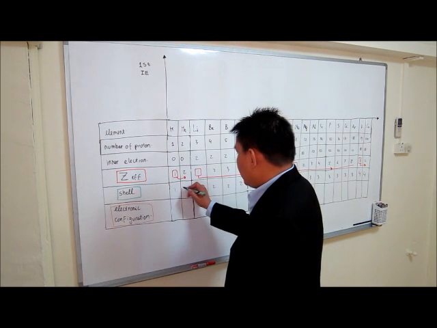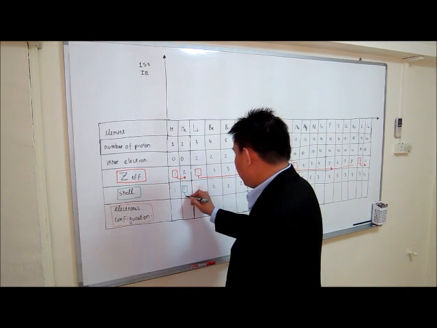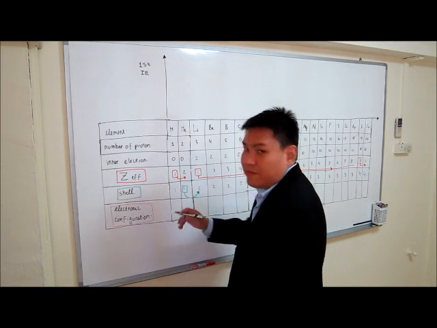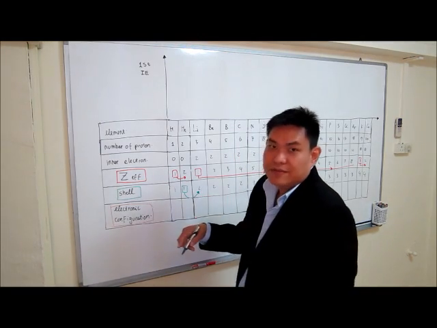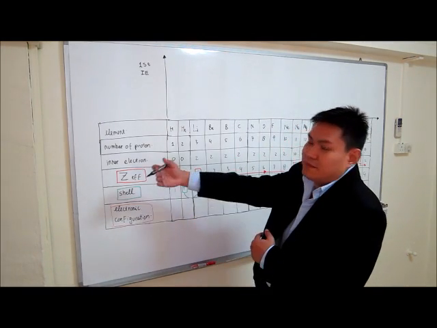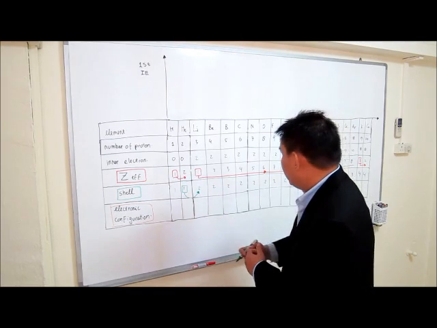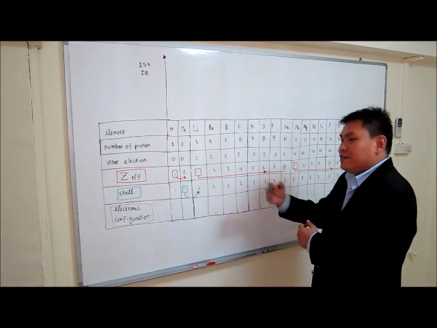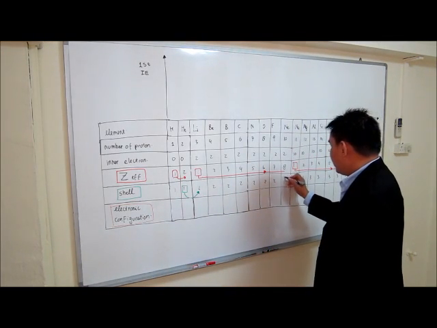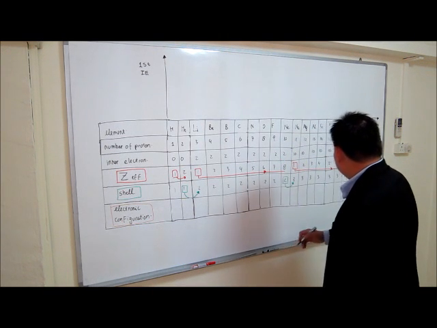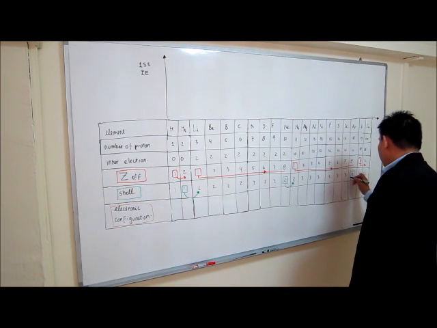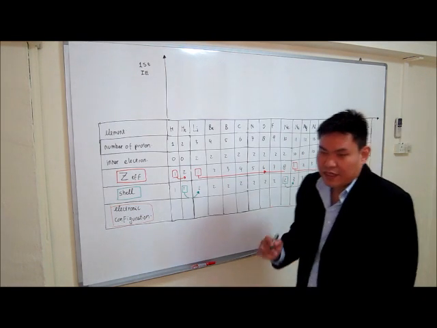So this green arrow represents a decrease, and the decrease is very significant because the change in position is quite far. So this green arrow represents a big decrease in the first ionization energy.